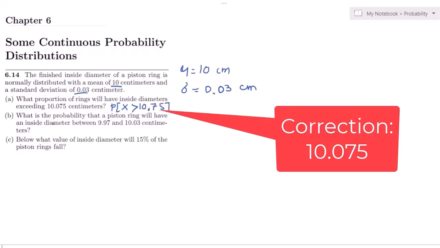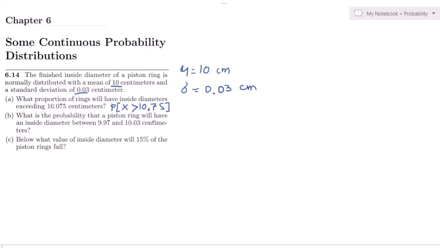10.075. In B, what is the probability that a piston ring will have an inside diameter between 9.97 and 10.03 centimeters? Means the probability that x is greater than 9.97 and less than 10.03 centimeters. And the last one, part C: below what value of inside diameter will 15% of the piston rings fall?